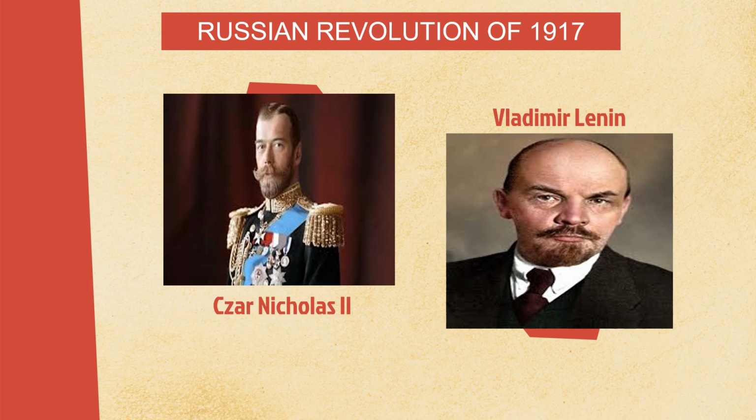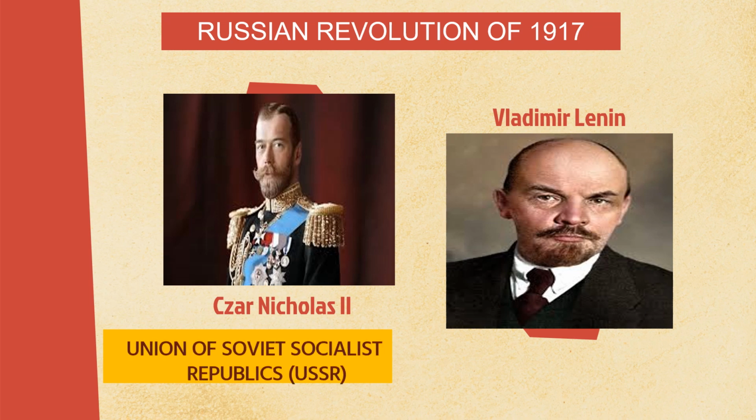They overthrew Tsar Nicholas II, and Lenin took over together with the Bolshevik Party. The new state they created under Lenin was called the Union of Soviet Socialist Republics, or the USSR.